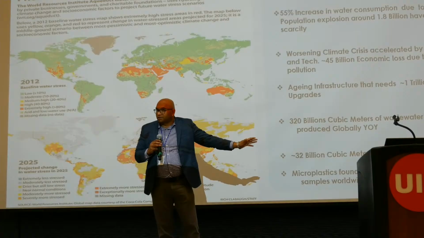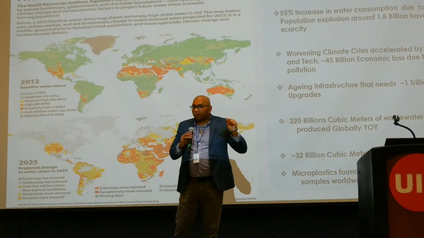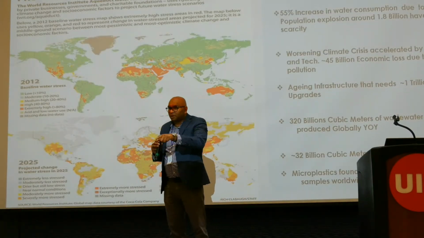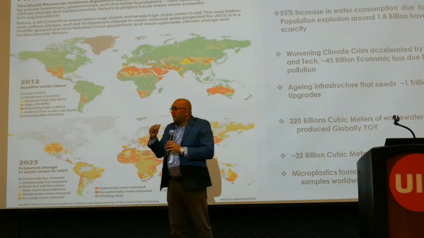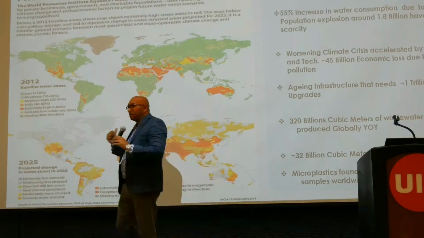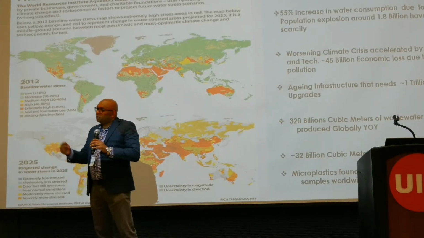This is accelerated by the global crisis, and who is the number one culprit? Technology. Somebody talked about AI and power consumption. I think it is the major stakeholder. But we have AI to fix it also.